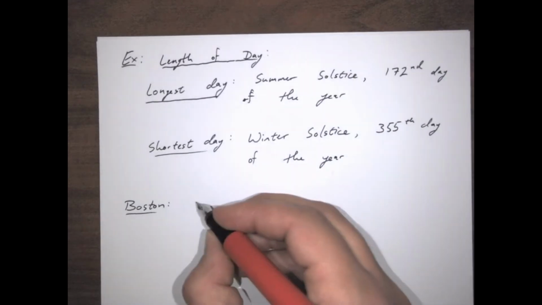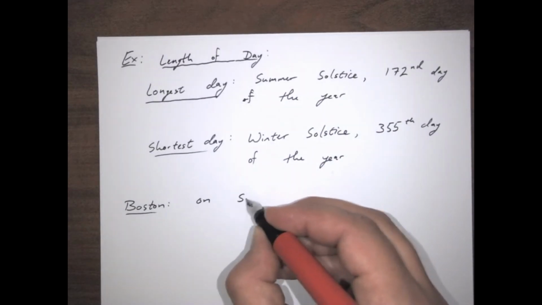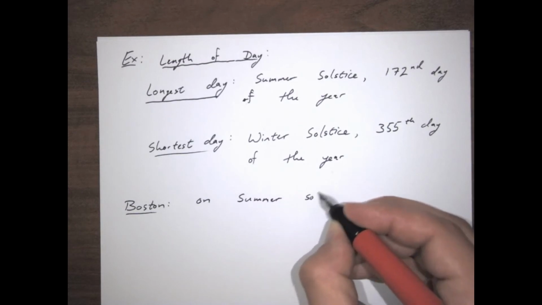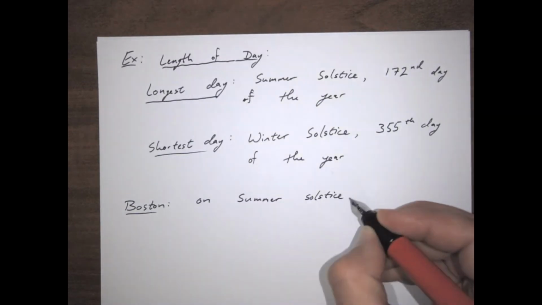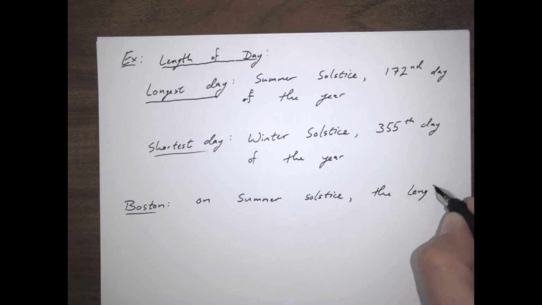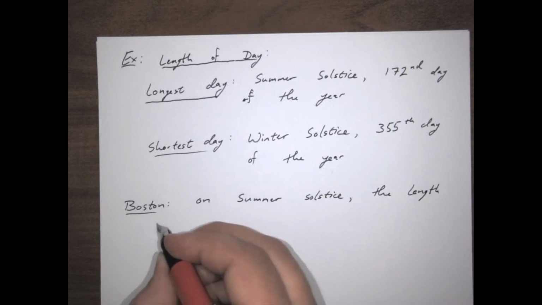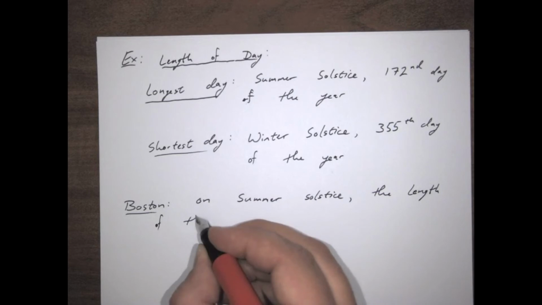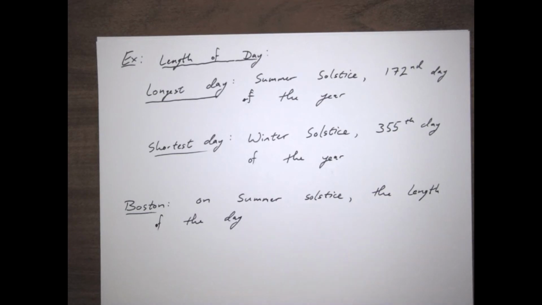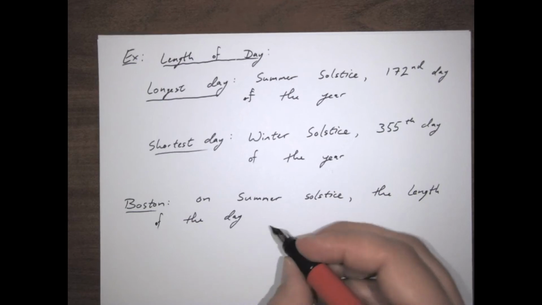So on the summer solstice, the length of the day, meaning daylight, is 15.28 hours.